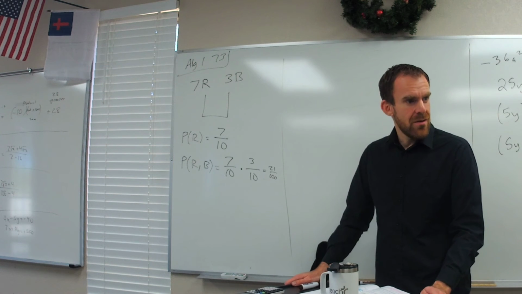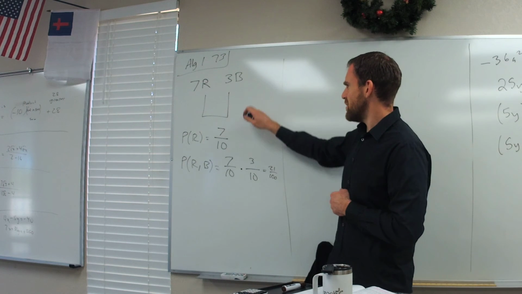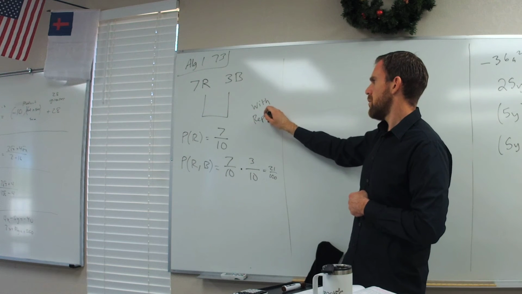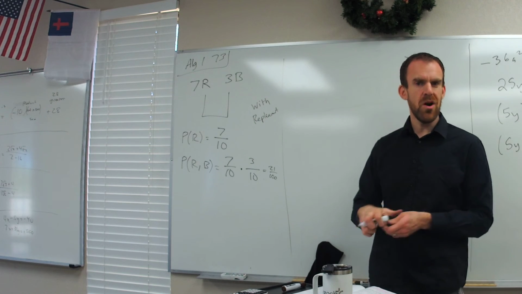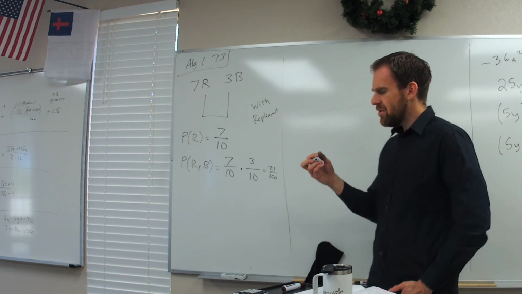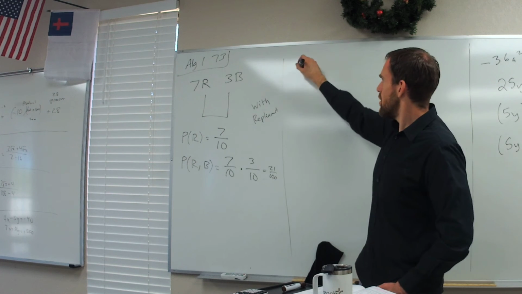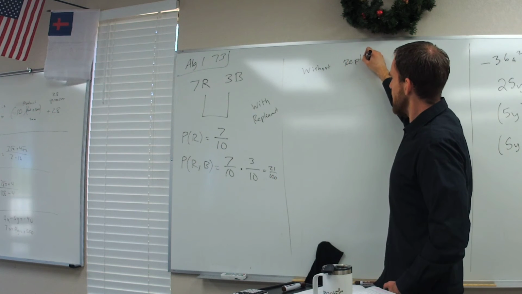Okay, now, here is our issue. This was with replacement. Okay, because you replaced the marble back. Now, you are going to get problems that ask you to do it with replacement and without. Should you get a different answer?